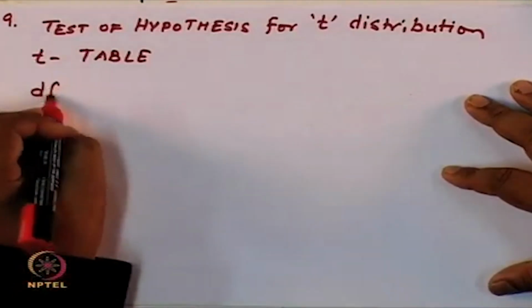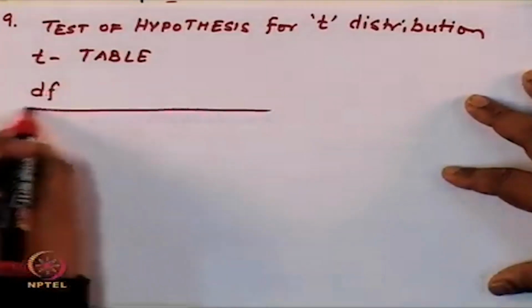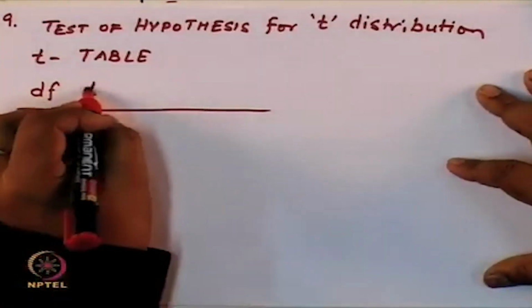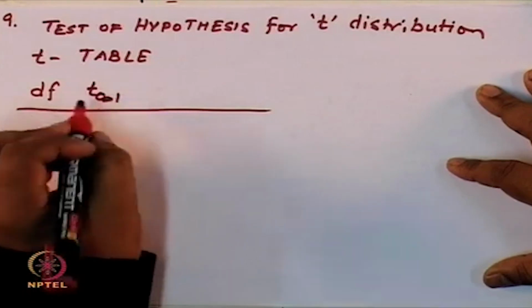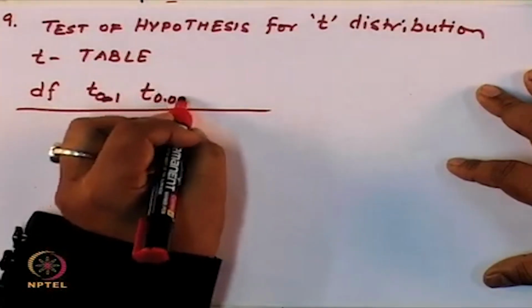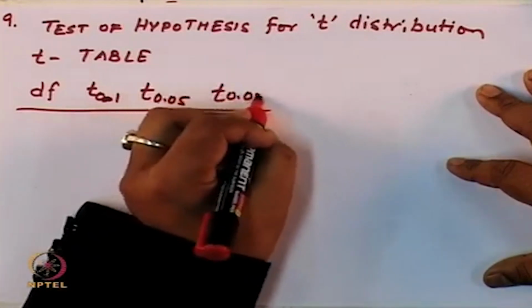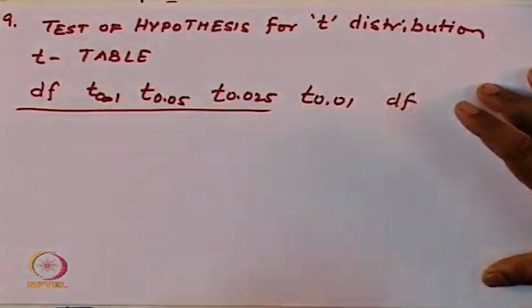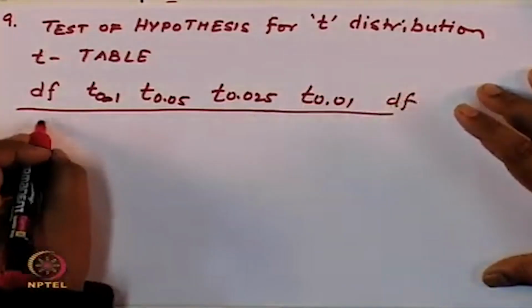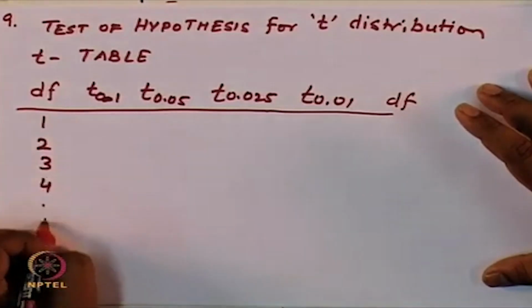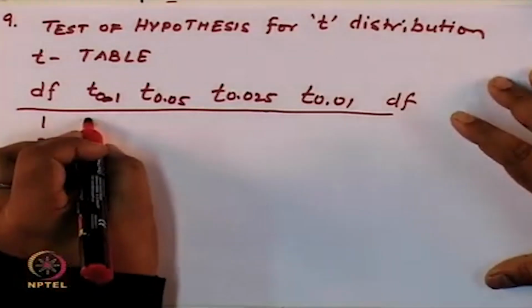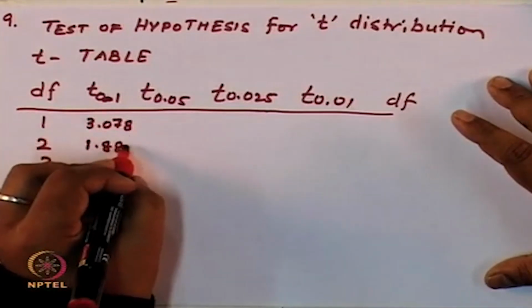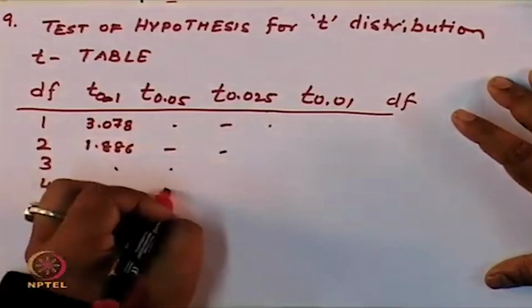You have df, the degrees of freedom, and you have t of 0.1, t of 0.05, t of 0.025, t of 0.01. The degrees of freedom have values 1, 2, 3, 4, and so on, and these values are provided.